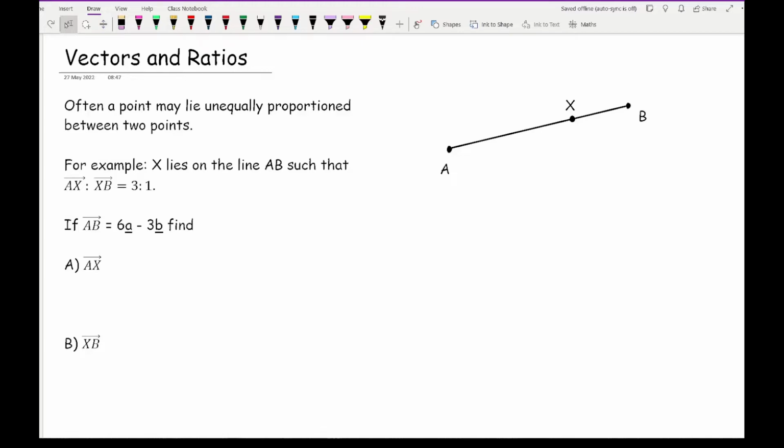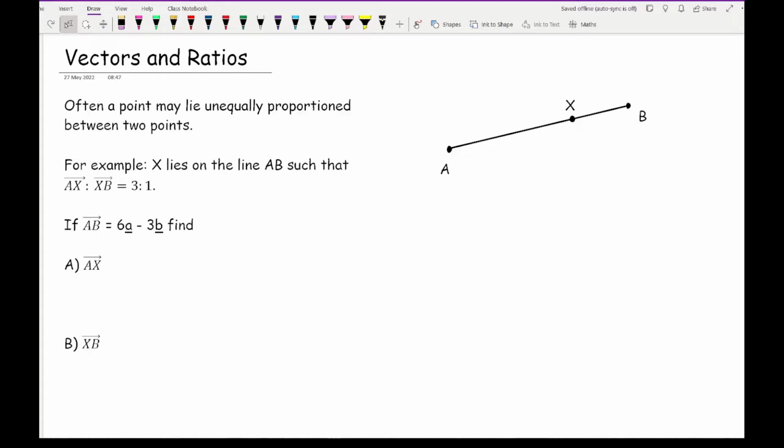So you need to look out for, have you been given the total amount or part of an amount? Then look at the ratio and see whether you need to add the total number of parts or you're just looking at one of them, and then using that to work out what one part is and then multiplying through to find the required parts. Now, if that is absolute gibberish to you, do not worry. Let's go through the answer.